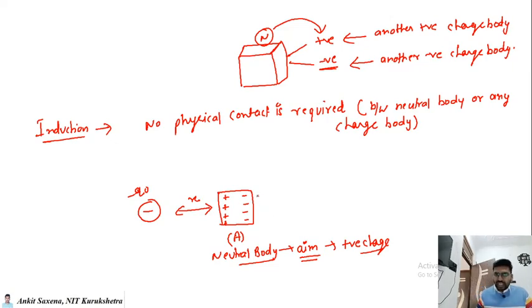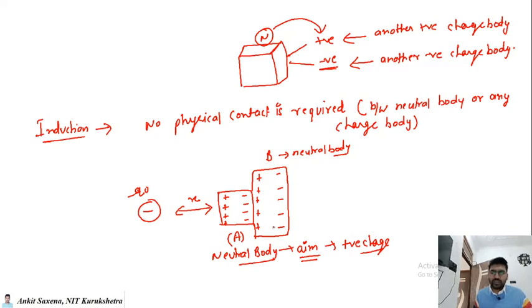And again we make the contact of body A with body B, and body B is also a neutral body. Again the number of electrons and protons in body B are equal. Let's take total protons in body B are 5 and total electrons in body B are 5. So body A is a neutral body, body B is also a neutral body.